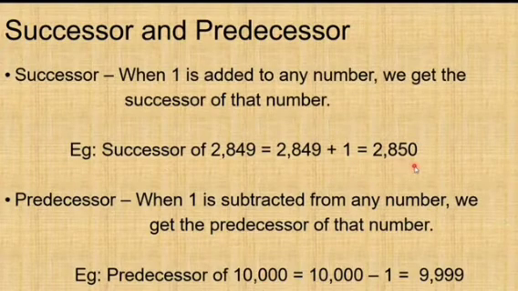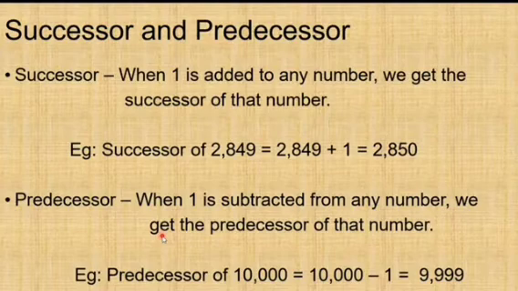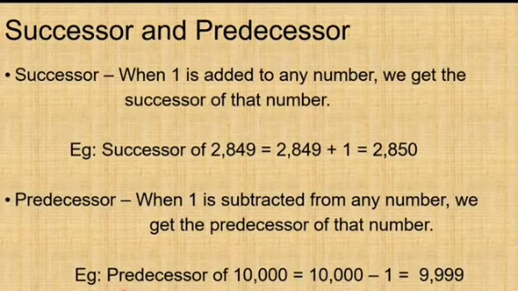Now, what is a predecessor? When 1 is subtracted from any number, we get the predecessor of that number. For example, predecessor of 10,000 is equal to 10,000 minus 1 is equal to 9,999.